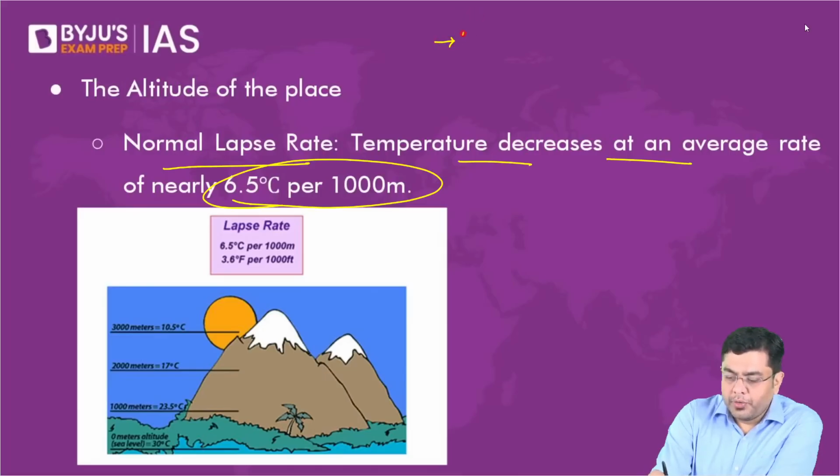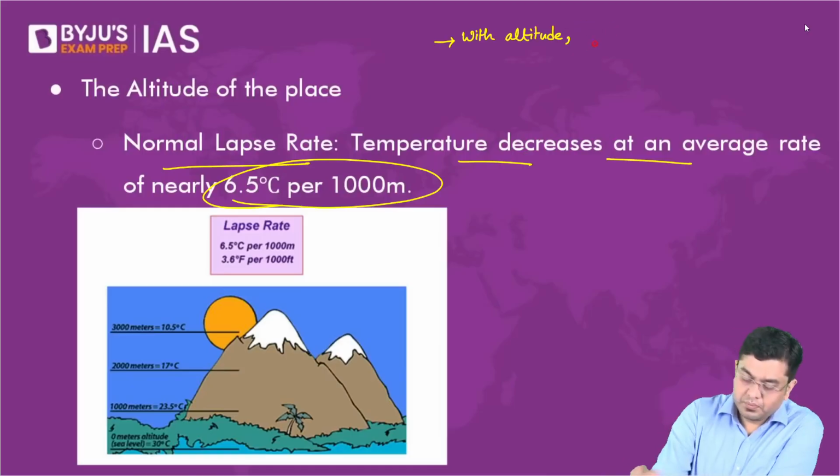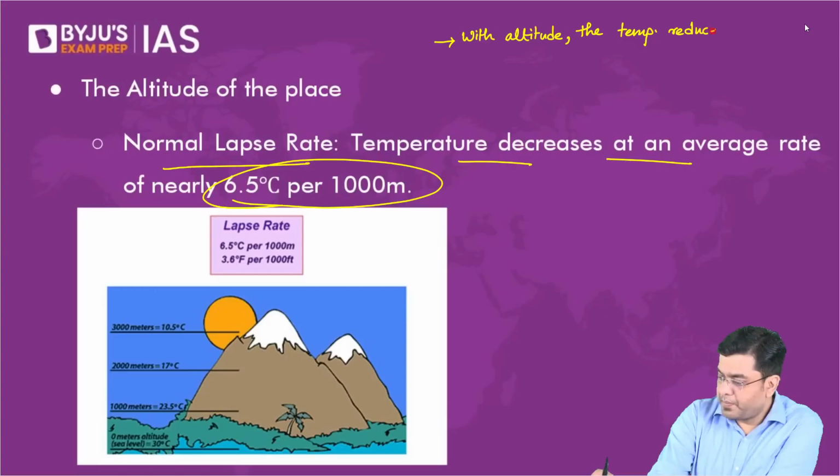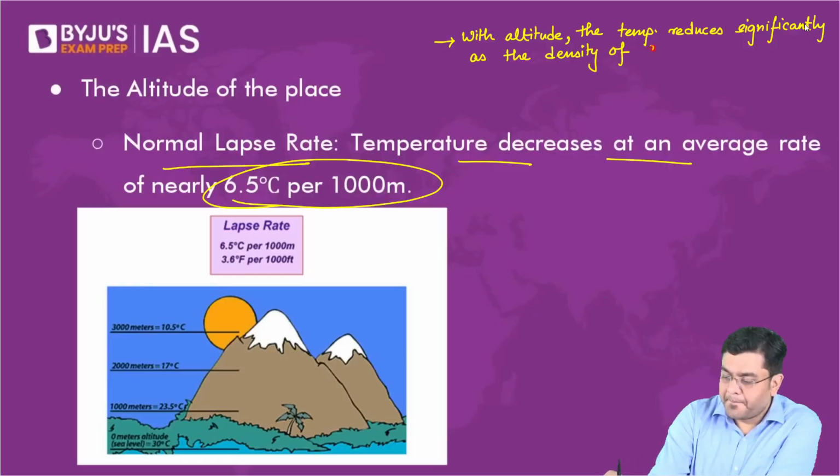So with altitude, the temperature reduces significantly as the density of air is very less.